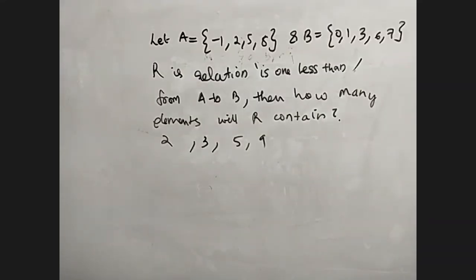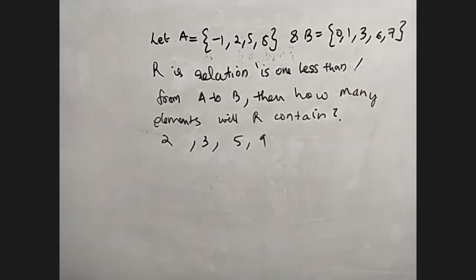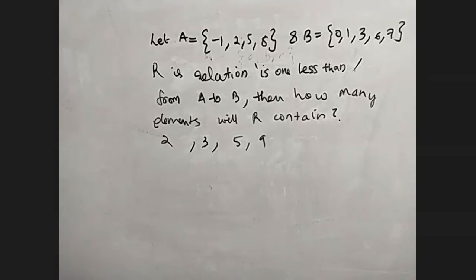Let A is equal to this one, B is equal to this one, R is a relation and is defined as is 1 less than from A to B. Then how many elements will R contain? What are the elements of this relation?